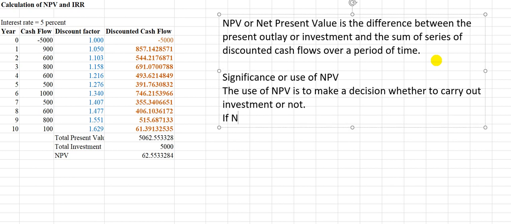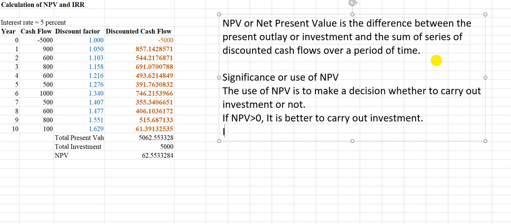If NPV is greater than 0, it is better to carry out investment. If NPV is less than 0, it is not worth carrying out the investment.